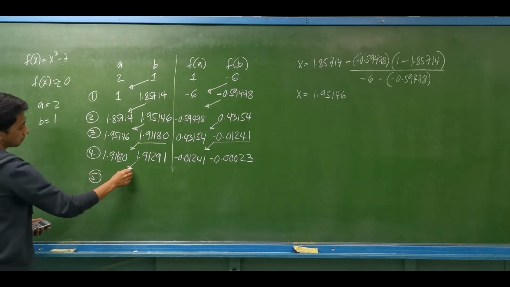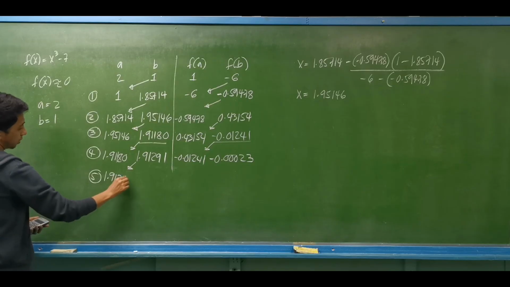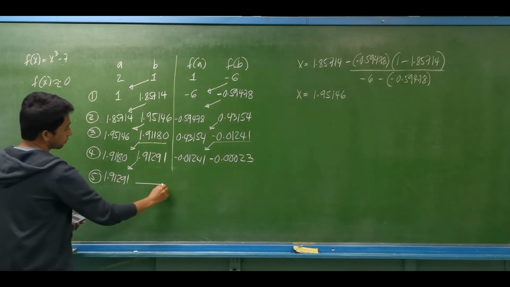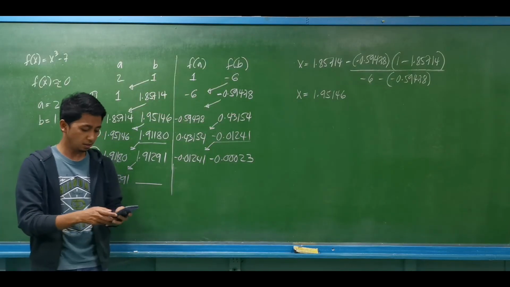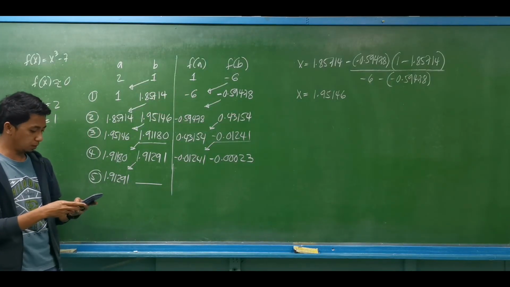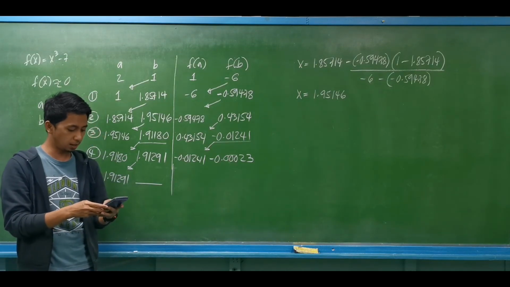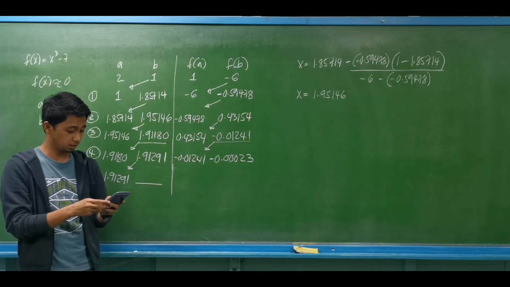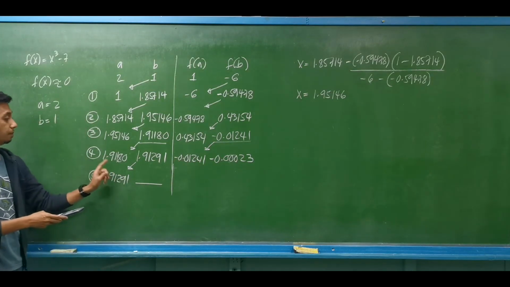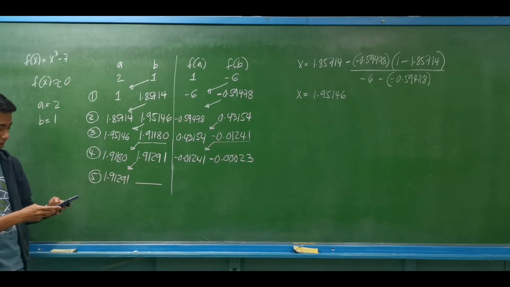So again, we are copying the value of b to the next value of a, 1.91291. Let us compute the next value of b using the pattern. We have 1.91291 minus f of b, which is negative 0.00023, multiplied by a, 1.91180, minus b, 1.91291.